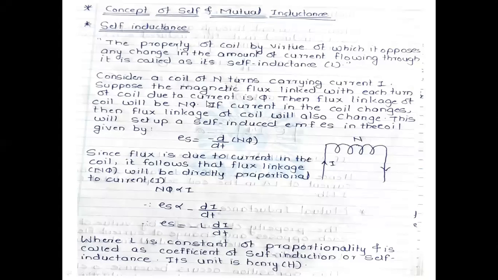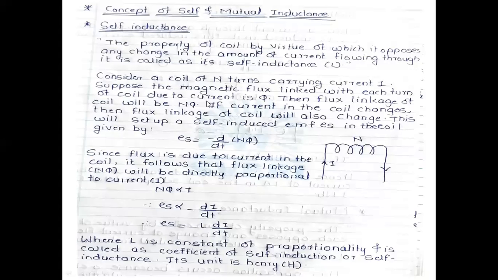It is a property of the coil by virtue of which it opposes any change of current flowing through it. In a coil, when current flows, flux is produced. If the current is changed, then the flux linkage will change, and EMF will be induced in that coil.